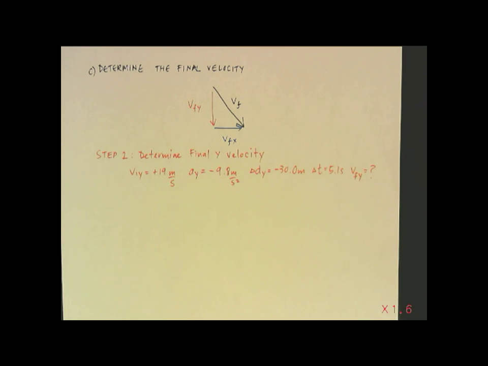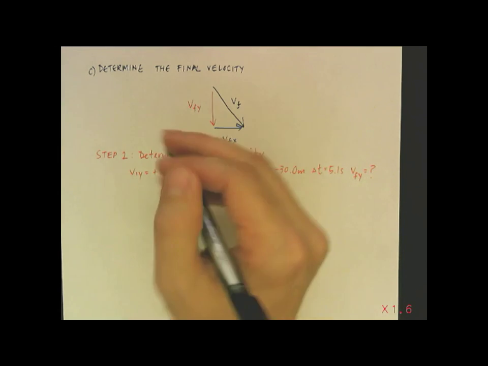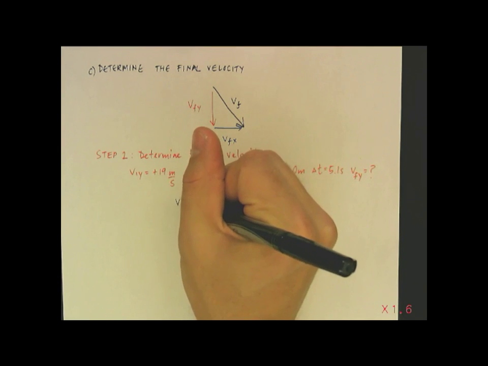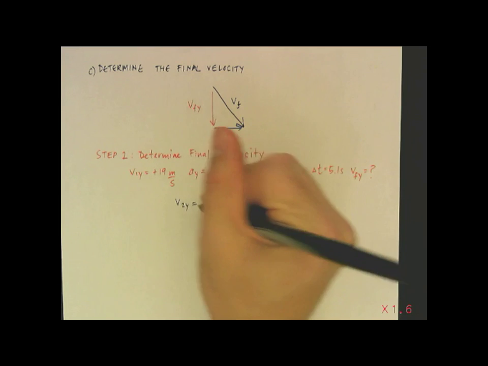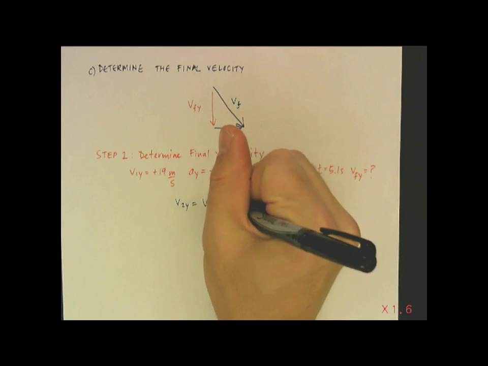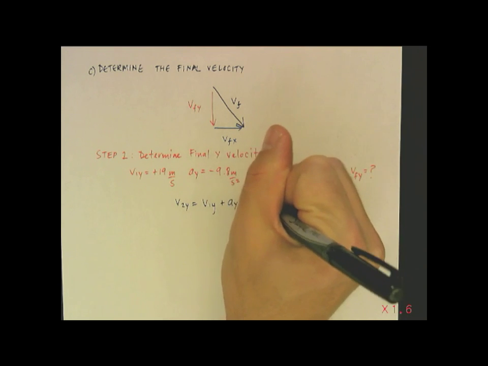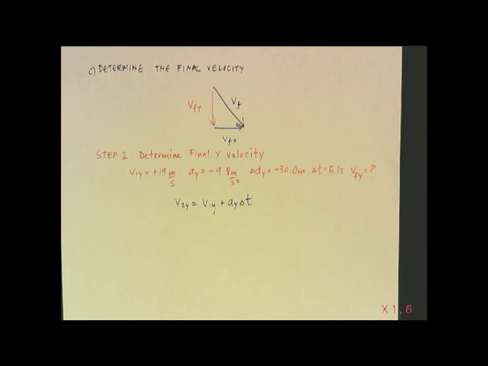The simplest equation for final velocity is equation number 2. And equation 2 is v2y is equal to v1y plus ay delta t. This should be your go-to final velocity equation. Use it whenever you can because it's the simplest.